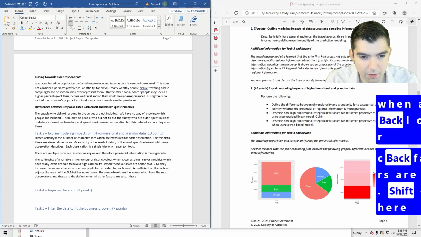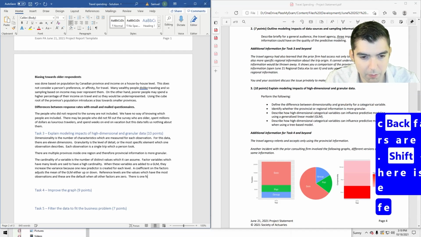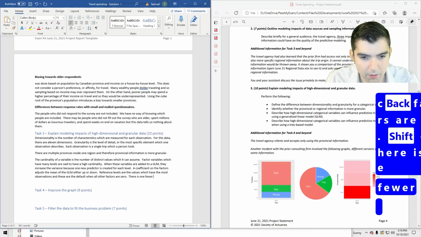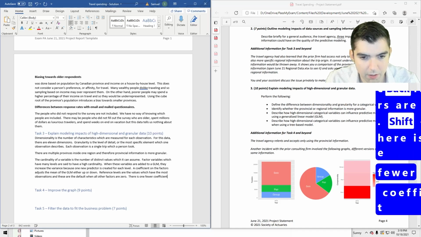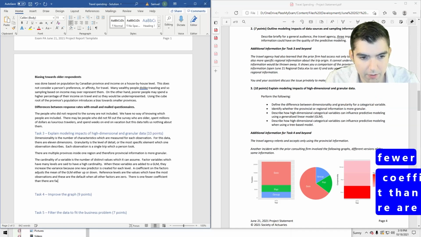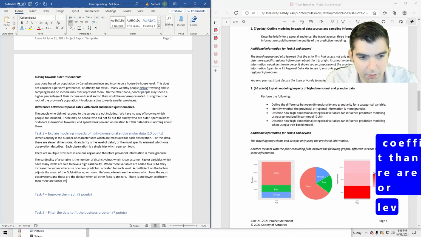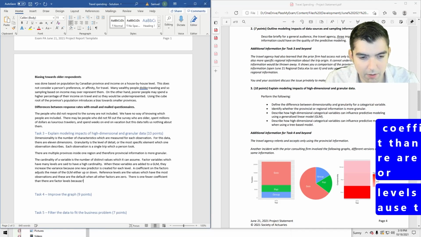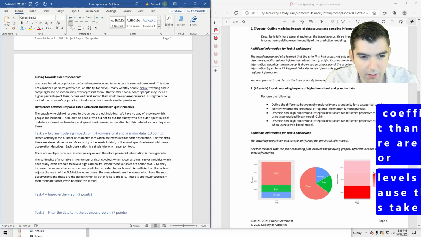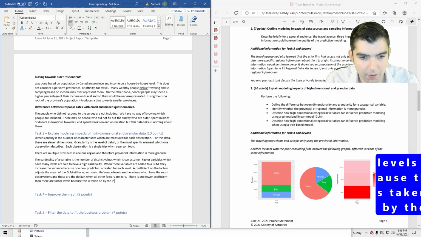So there is one fewer coefficient than there are factor levels, because this is taken on by the intercept.